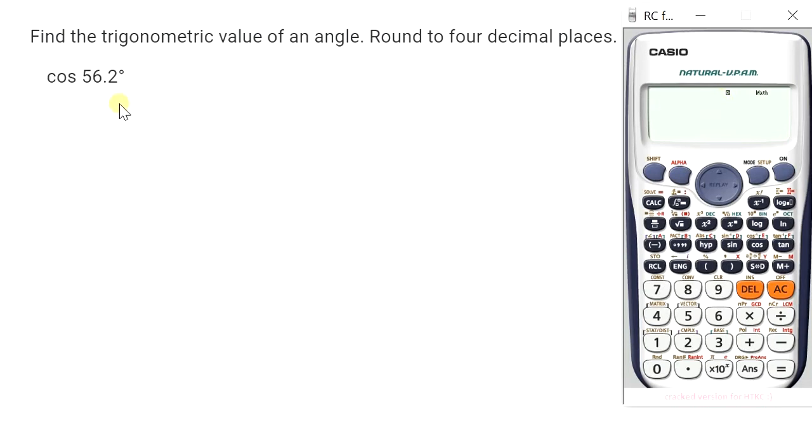Madali hanapin ang decimal value ng trig functions natin kapag cosine, sine, and tangent. Kasi nandiyan na siya eh. Pipress mo lang. Like for example, in our problem, cosine 56.2 degrees. So, press the cosine function and then 56.2, and this one is the degree.